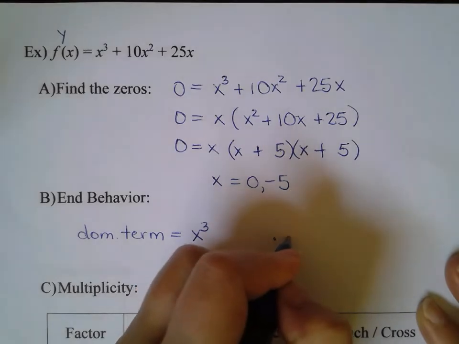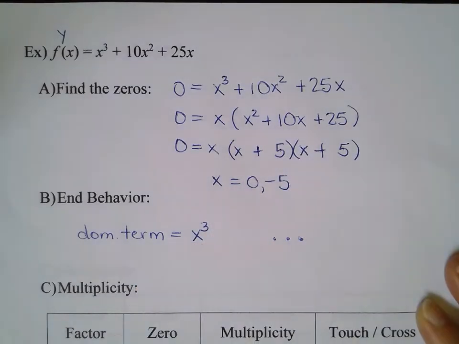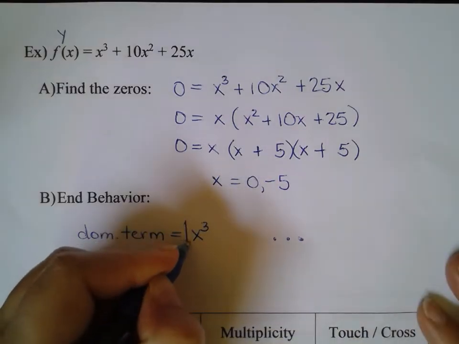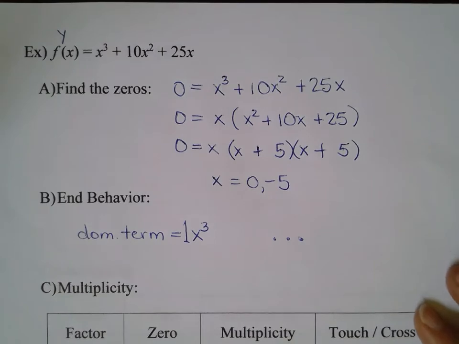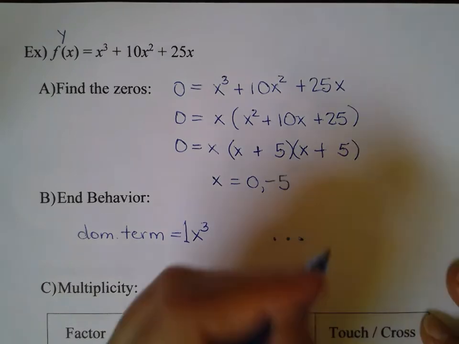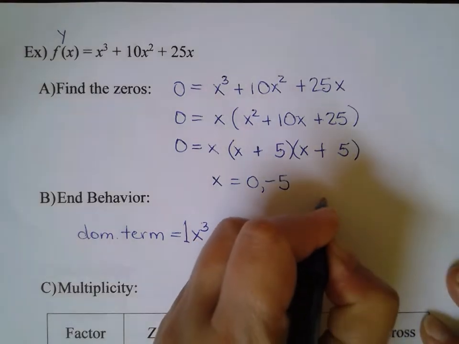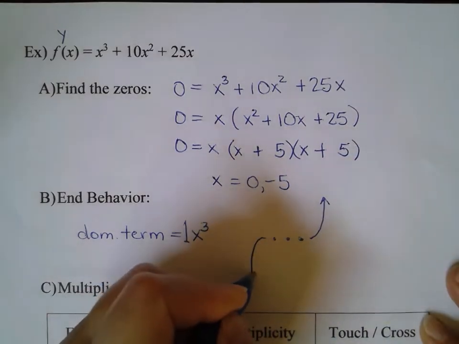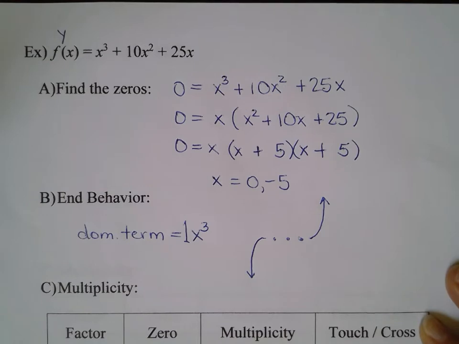So we could look back at that chart we looked at last time if you need to. Because the exponent is odd, the ends of this graph are going to go in opposite directions. And because there's an implied +1 out front, that can tell us what happens on the right-hand side. So the right-hand side is going to go to +infinity, and the left-hand side is going to go down to -infinity.